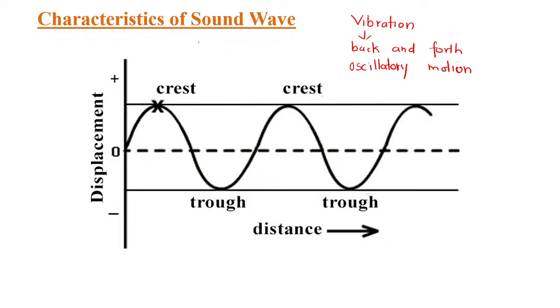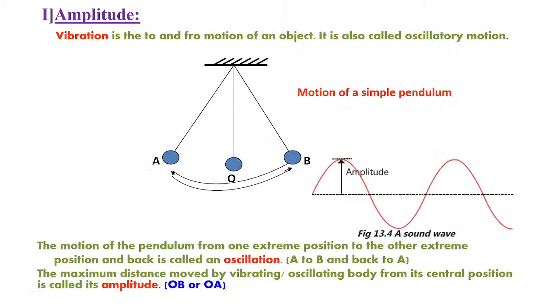Since I have already told you the sound is caused due to vibration and the sound is propagated in form of sound waves, there are certain terms that are associated with this sound wave and those we are going to learn in form of their characteristics.